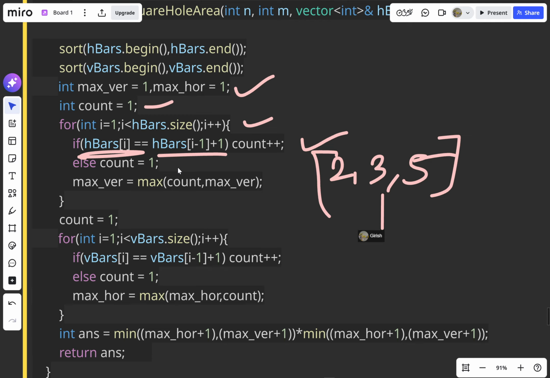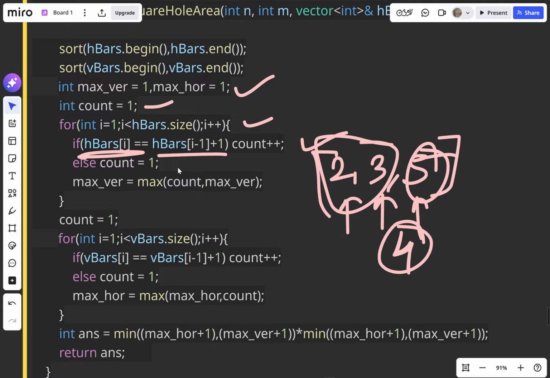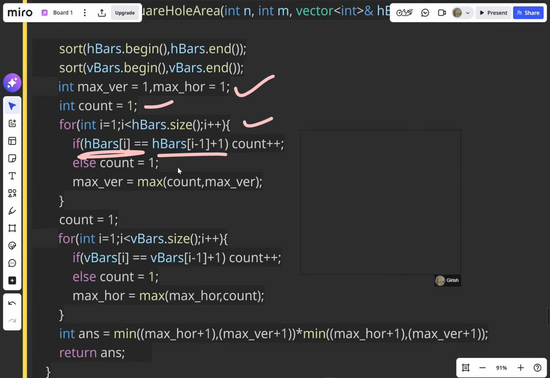So 3 and 2 are continuous, and we can remove 2 as continuous h bars, but the 5 cannot be removed as continuous. When the 4 is present, 4 will be blocking our continuous empty space. So the continuous empty space will be 2 and 3.